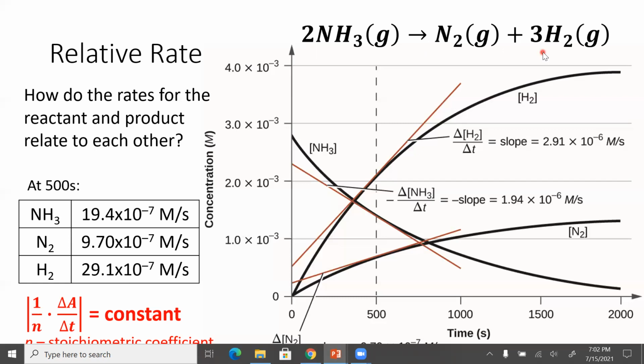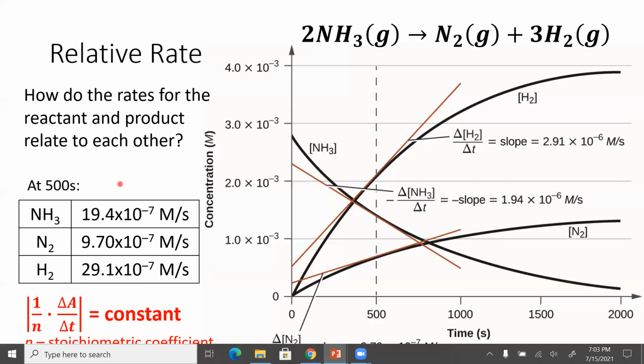So hydrogen is going to be produced 3 times faster than nitrogen is. So the balanced equation tells us the relative rates at which the reactants react and the products are produced.